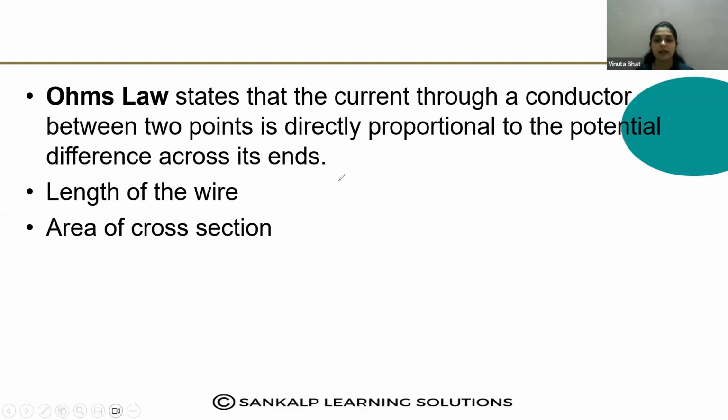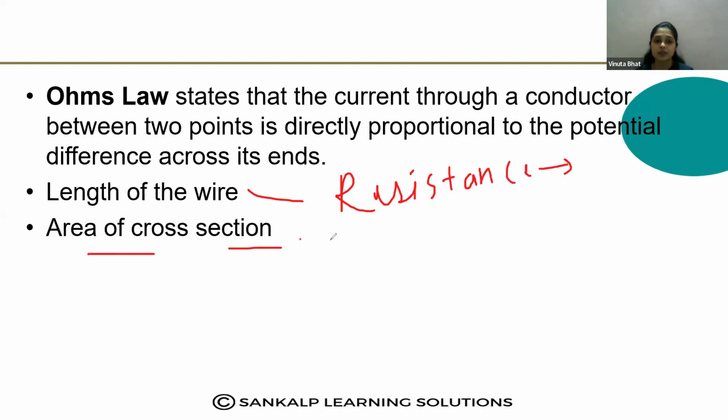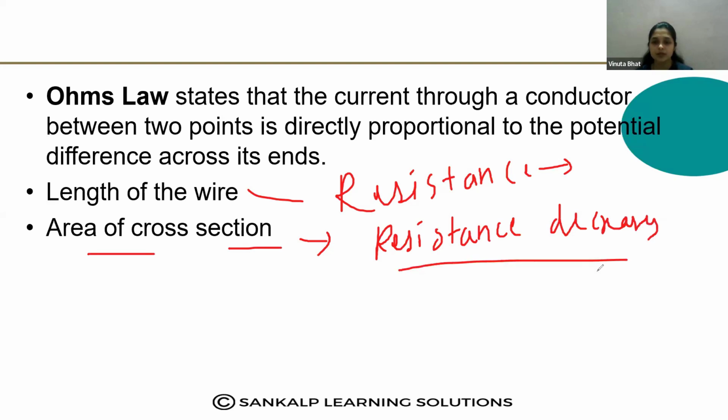As the length of the wire increases, the resistance also increases. Okay. As the area of cross section increases, the resistance decreases. Okay, so that is the reason.